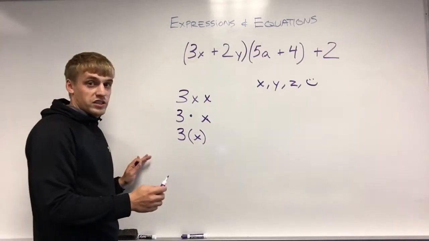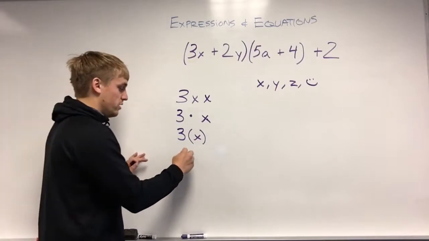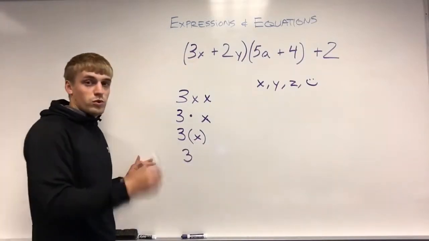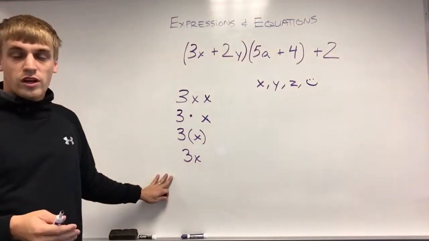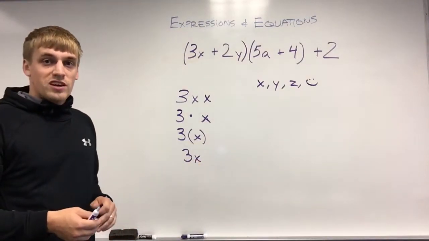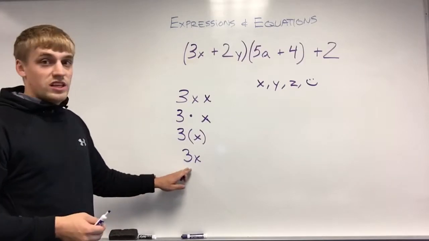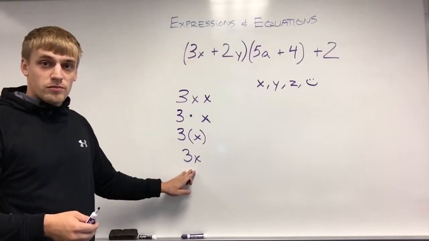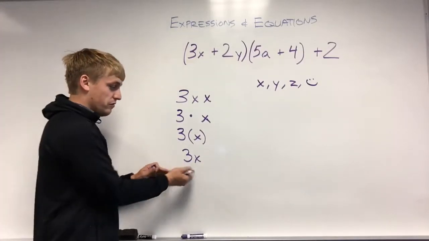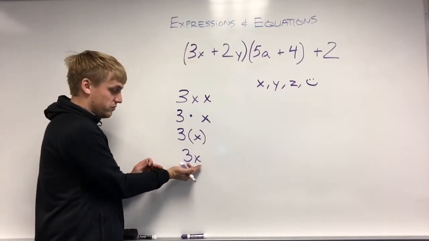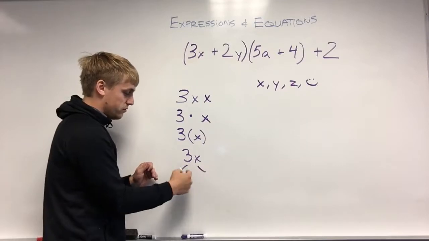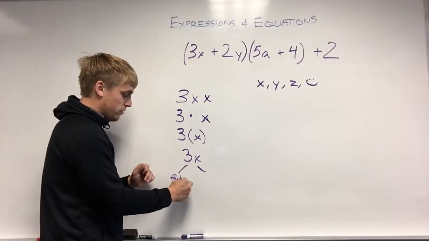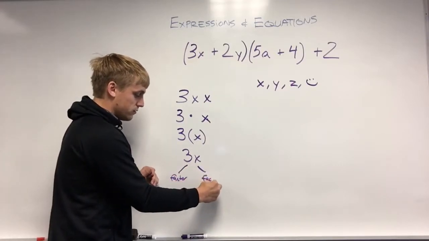The other way you'll see multiplication represented is when the letter is just right next to the number. We talked about this in a previous video, because when you see this in a term in an expression, this term has 2 factors, 3 and x.